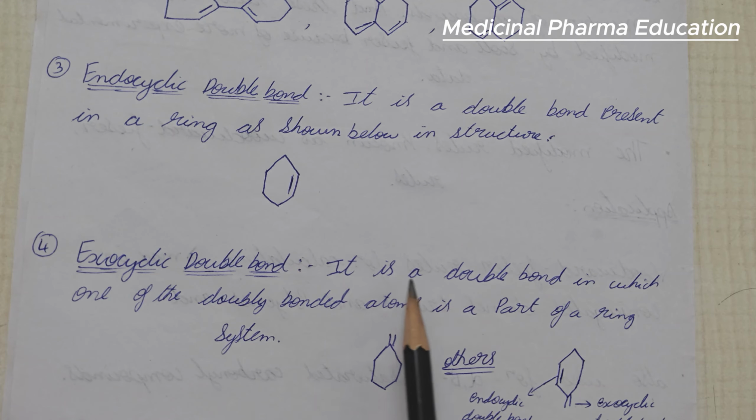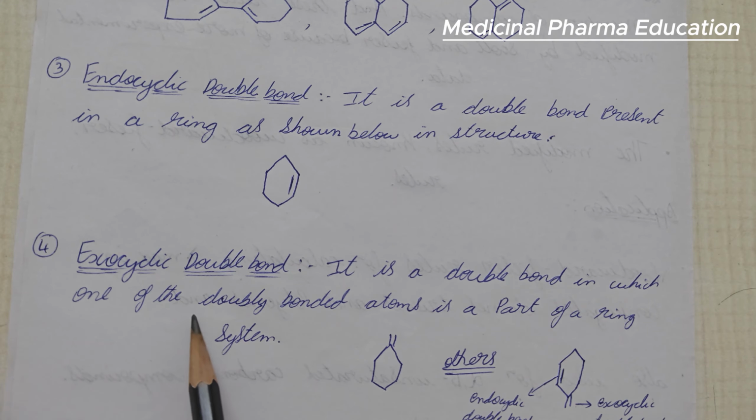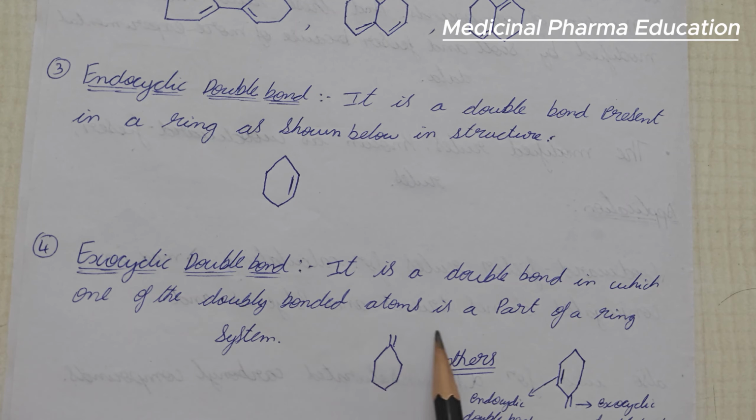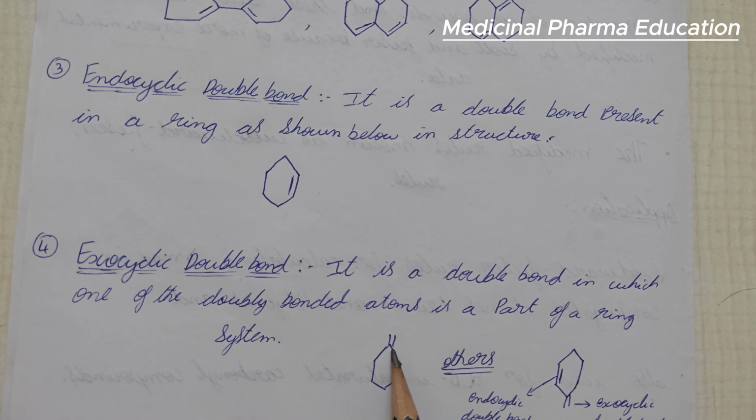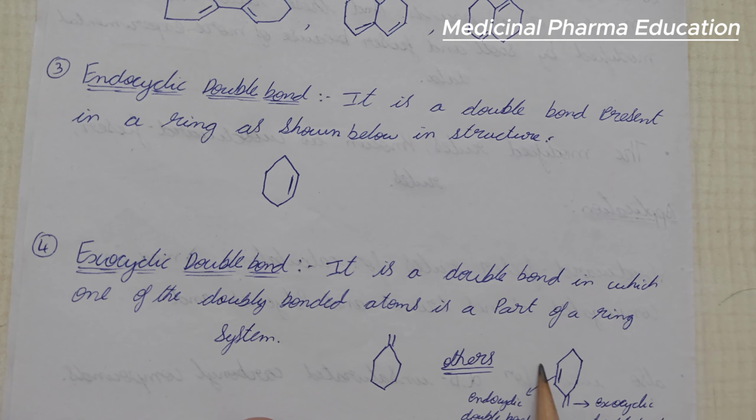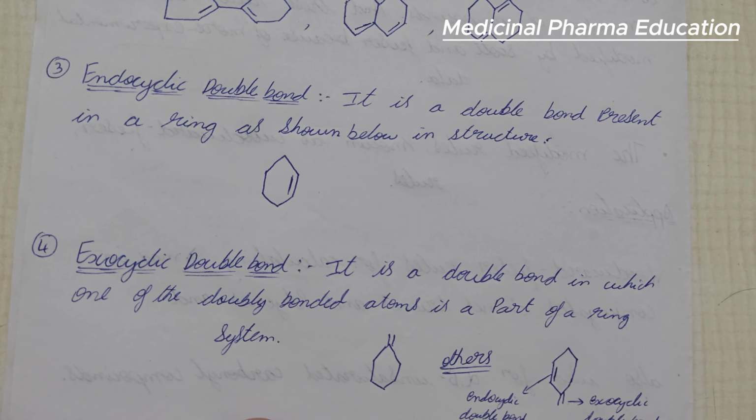It is a double bond in which one of the doubly bonded atoms is outside of a ring system. The double bond is present outside, or it can be a combination of endo and exo. Endo means inside, exo means outside.